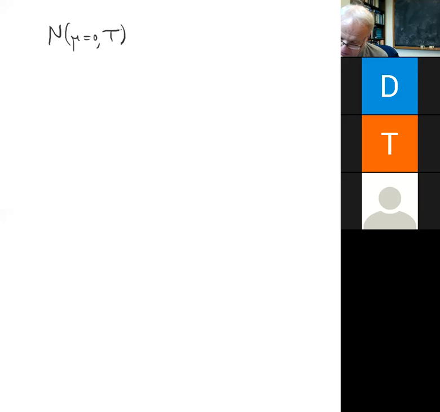So n of mu equals 0 and T is the total volume that was hidden in this factor L cubed.